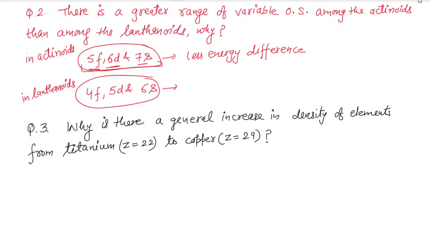Why is there a general increase in density of elements from titanium to copper, that is Z29? Gradual increase in density.